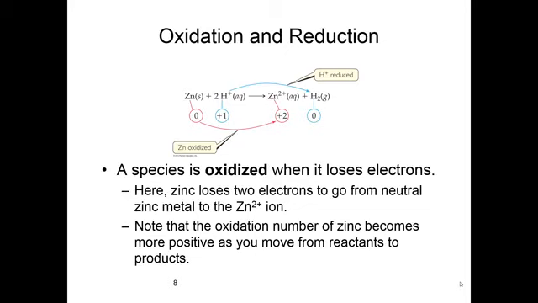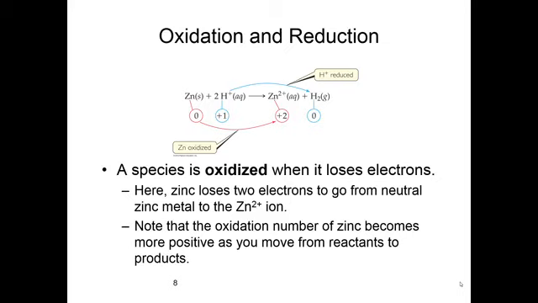On the screen in front of you, you see the reaction of solid zinc plus 2 H+ ions, 2 hydrogen ions, reacting to form aqueous zinc 2+ ions and hydrogen gas. You'll note that we have assigned an oxidation number to each element. The zinc solid has an oxidation number of 0 because it's an element in its elemental standard state of a solid.